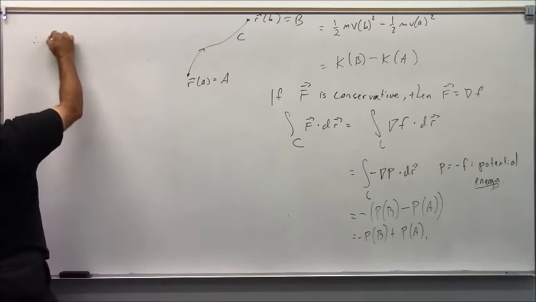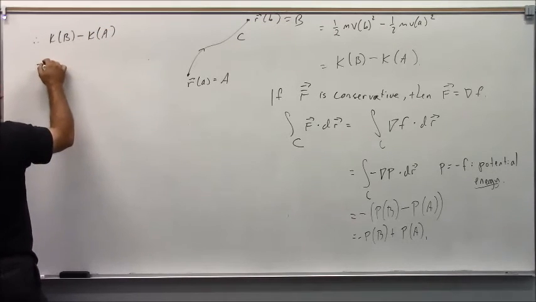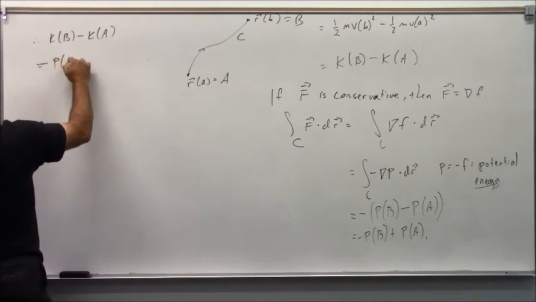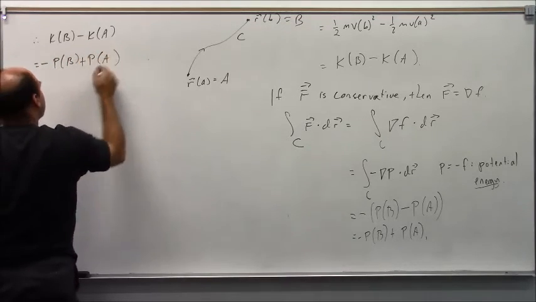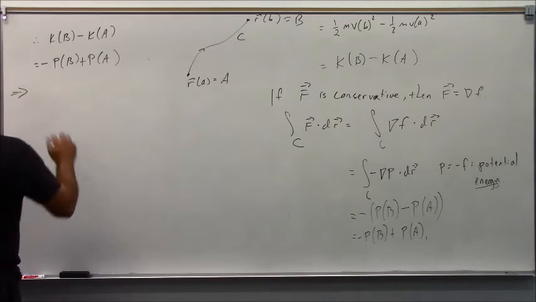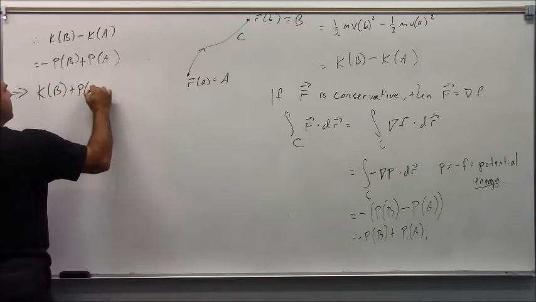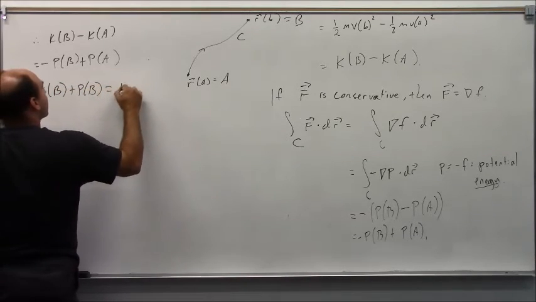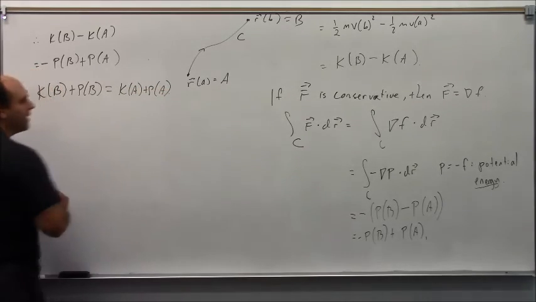So therefore, k of b minus k of a is equal to negative P of b plus P of a. And here's where the magic happens. I'm going to put the b's on one side and the a's on the other side. So I get k of b plus P of b is equal to k of a plus P of a.